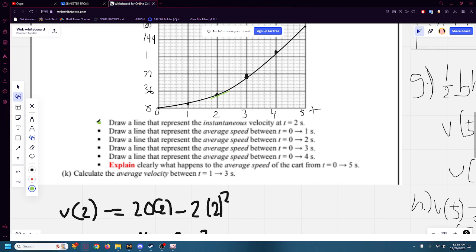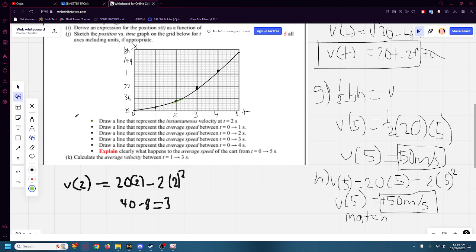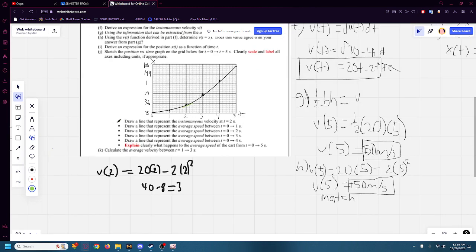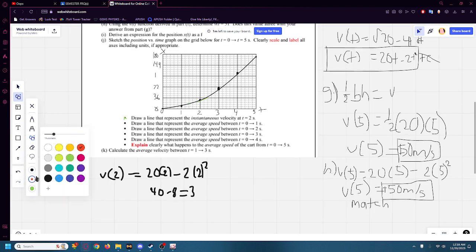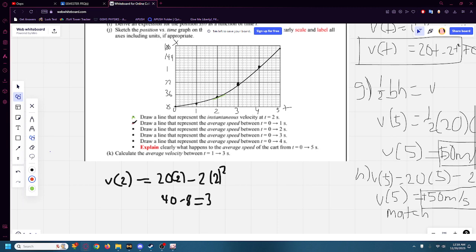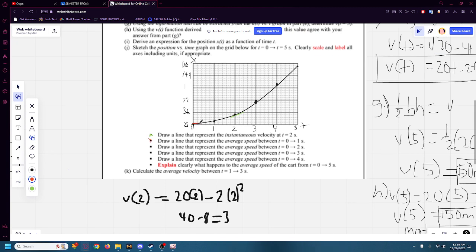This part asks to draw a line for the average speed from 0 to 1. So it should be like that.